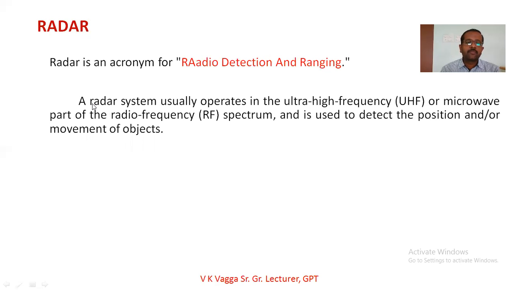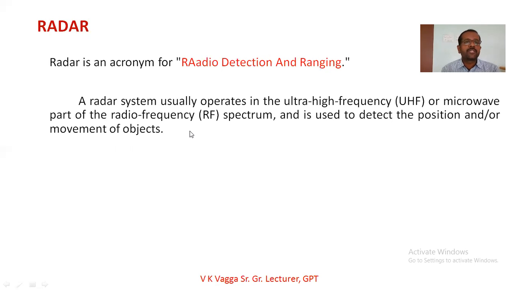A radar system usually operates in the ultra high frequency or microwave part of the radio frequency spectrum and is used to detect the position and the movements of objects.